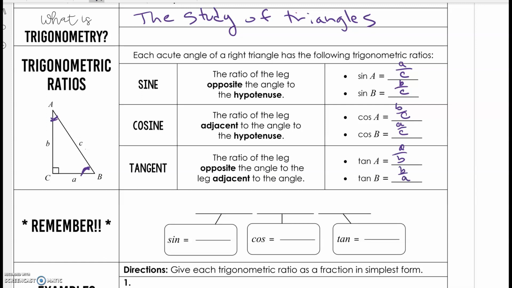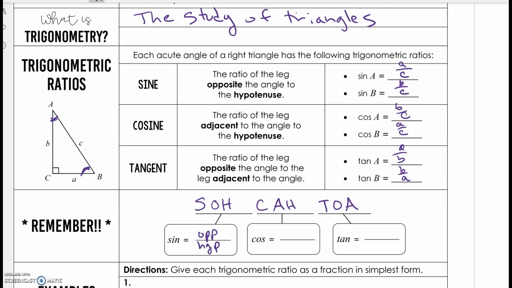Nifty way to remember this: sine, cosine, tangent is a little saying, SOHCAHTOA. So S-O-H, C-A-H, and then T-O-A. Sine is equal to opposite over hypotenuse.